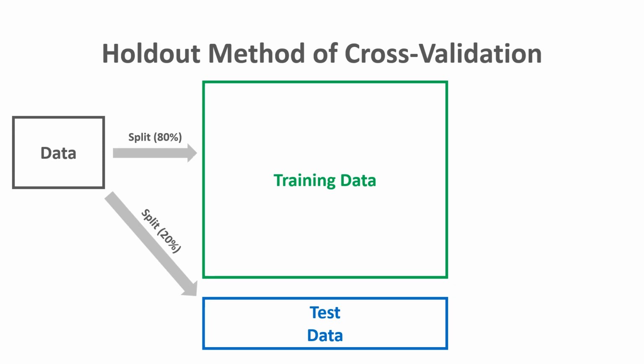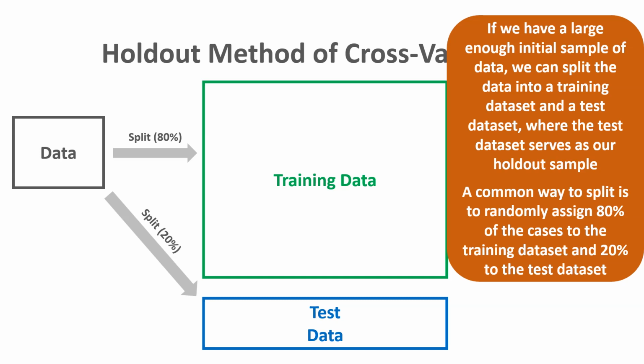So let's start with that holdout method of cross-validation. With the holdout method, we have our initial sample of data, and then we'll typically, if it's large enough, randomly split that initial sample of data into a training data set and a test data set.